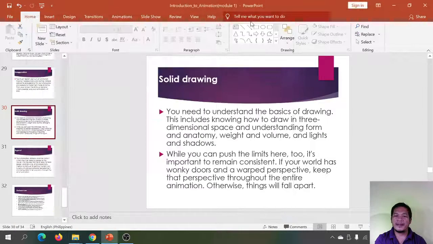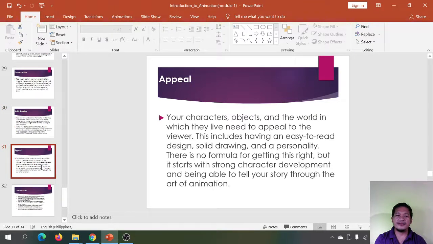Then the appeal. Your characters, objects, and the world in which you live need to appeal to the viewer. So it includes having an easy to read design, solid drawing, and a personality.